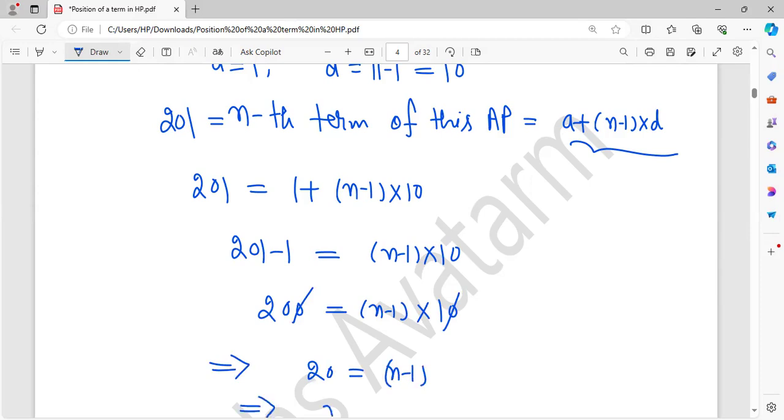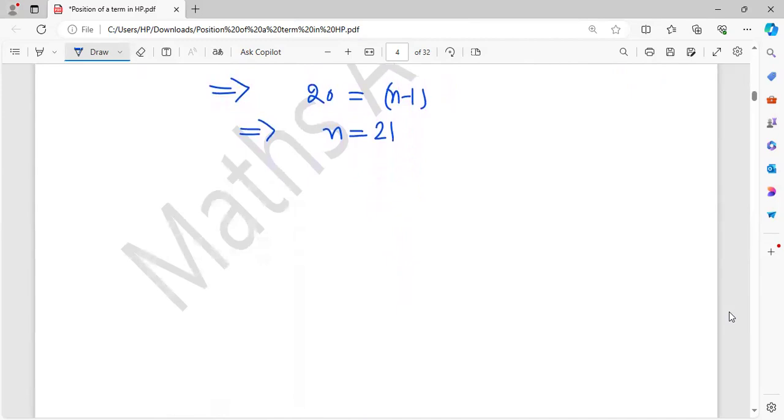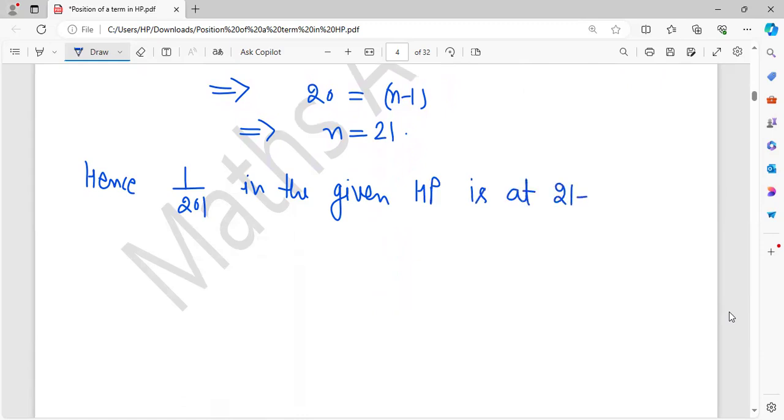So what is n? n is 21. Hence 1 upon 201 in the given HP is at 21st place.